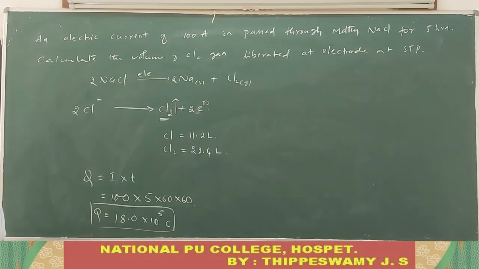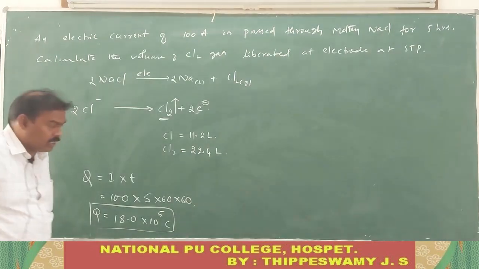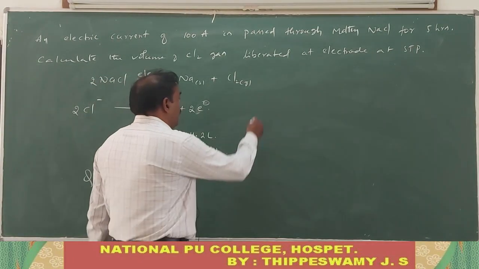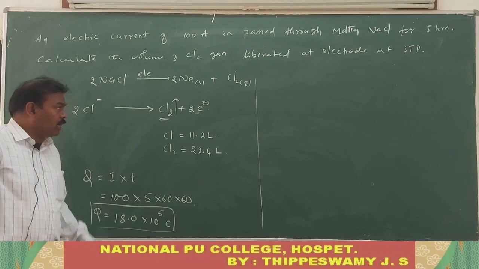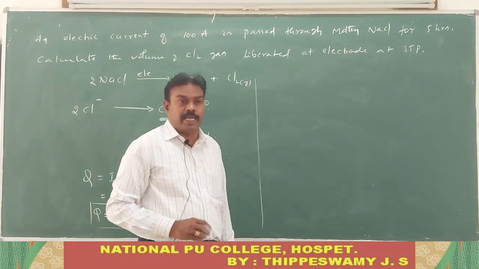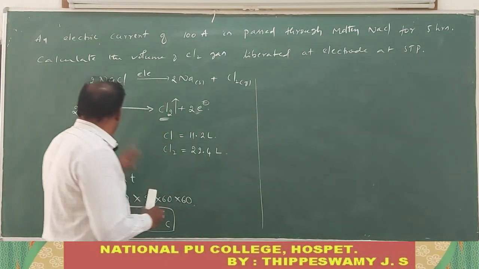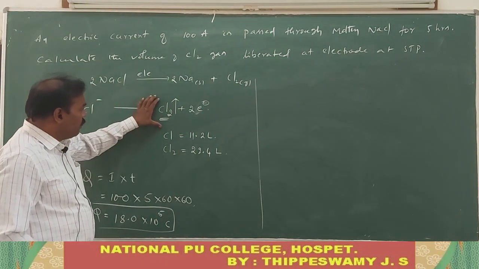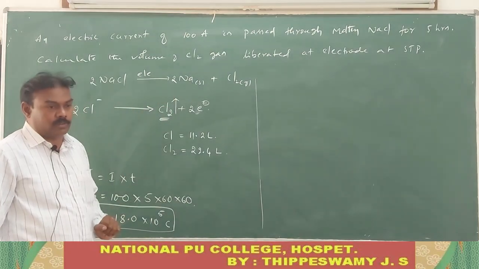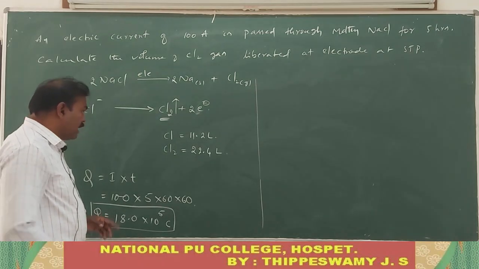But now we can find the volume of the chlorine gas liberated. Yes, how to find the volume of the chlorine gas? Okay, now according to the equation, 2 moles of chloride ions give the chlorine gas and then 2 electrons. Following. Now what is the quantity of electricity? 18.0.